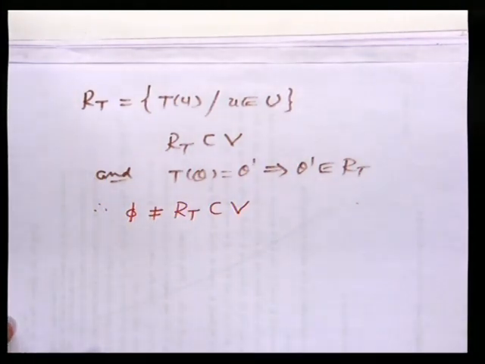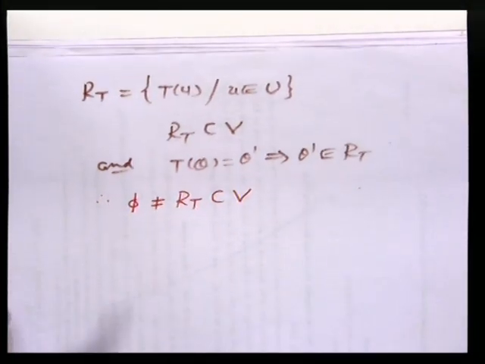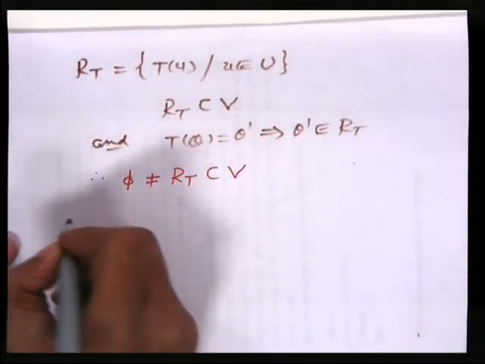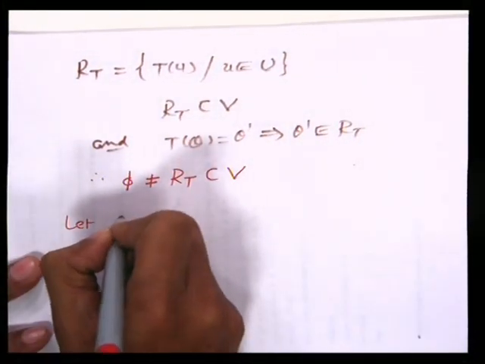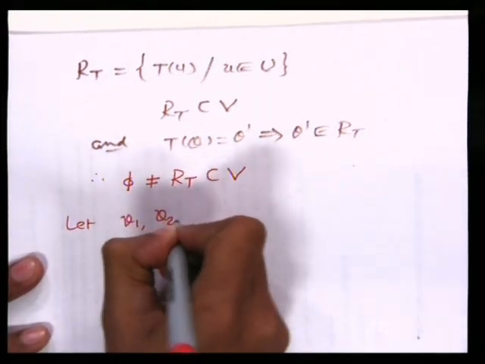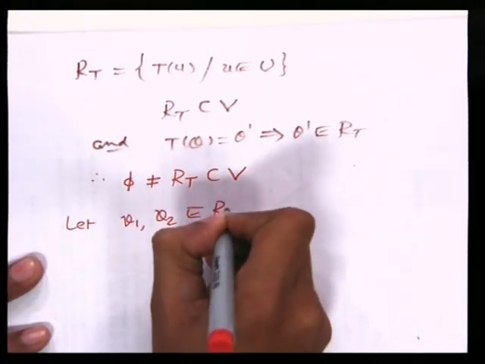Now we show that RT satisfies the condition. So let two vectors V1, V2 belong to RT.